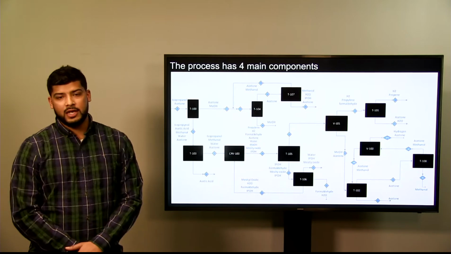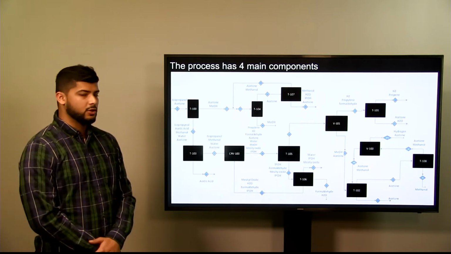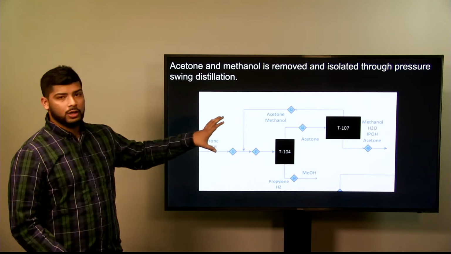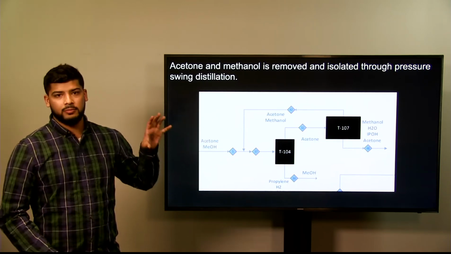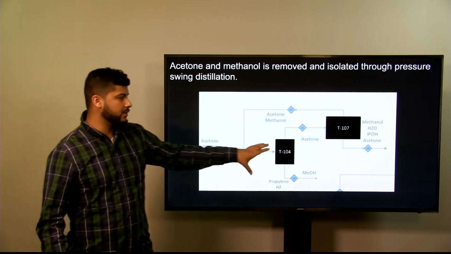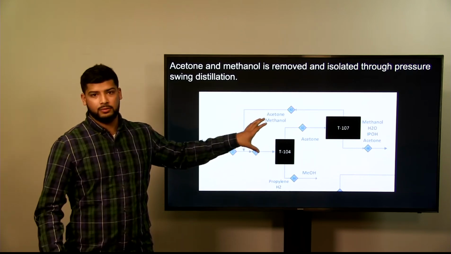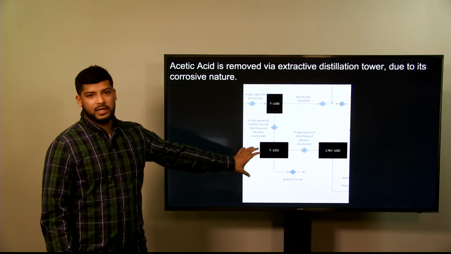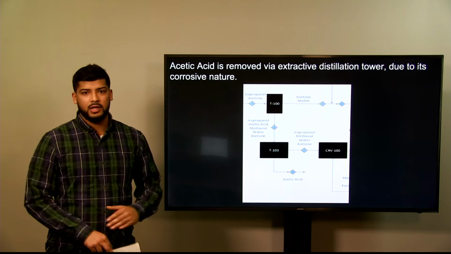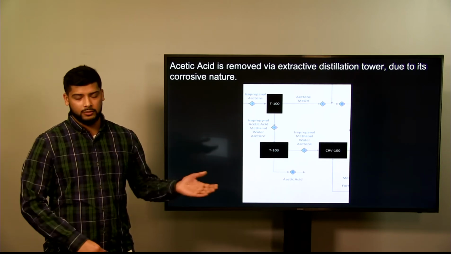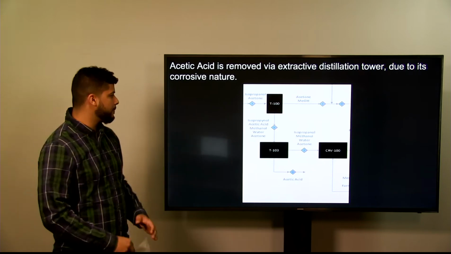Our design process consists of four main components. First is the acetone and methanol recovery from the waste feed stream. We recovered acetone and methanol through PSA, pressure swing adsorption. The second was removing the acetic acid due to its corrosive nature that could lead to damage of the stainless steel of our pumps and tanks.